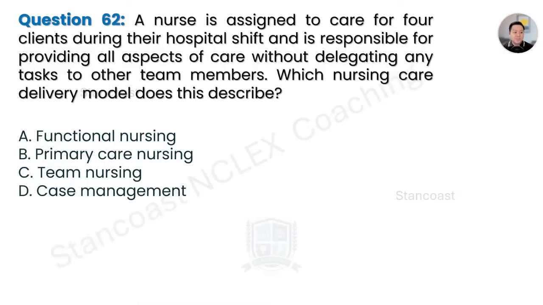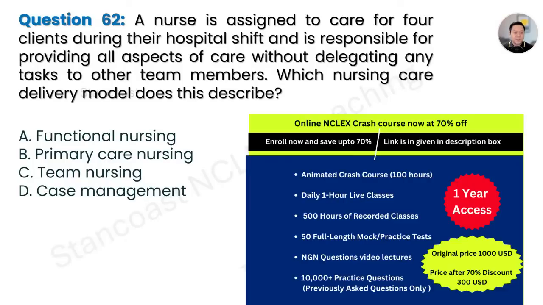Let's have number 62. A nurse is assigned to care for 4 clients during their hospital shift and is responsible for providing all aspects of care without delegating any tasks to other team members. Which nursing care delivery model does this describe? A, functional nursing, B, primary care nursing, C, team nursing, D, case management.